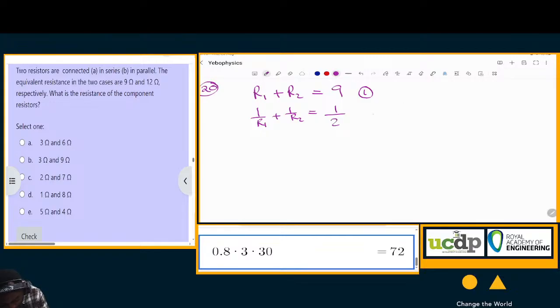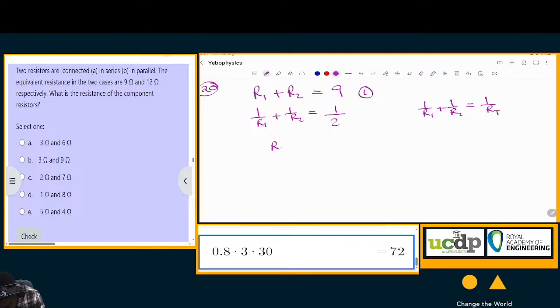Why? Because remember 1 over R1 plus 1 over R2 is equal to 1 over R total.